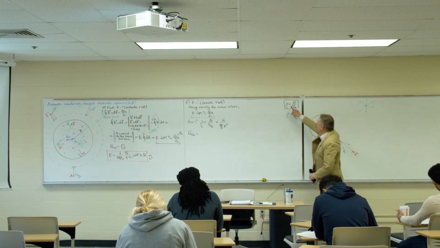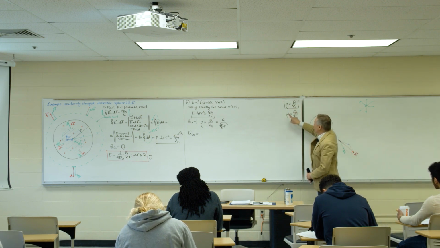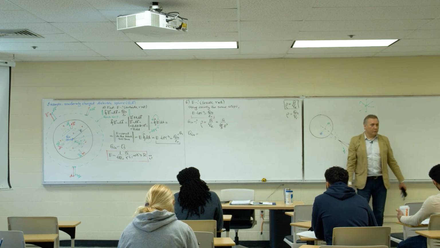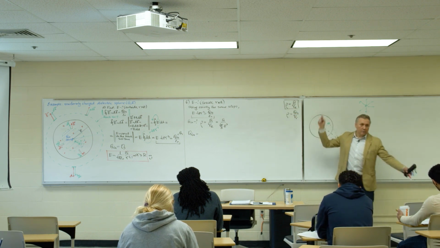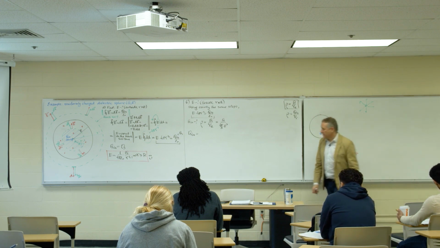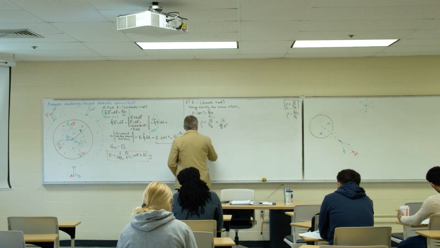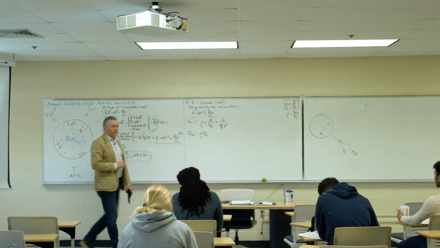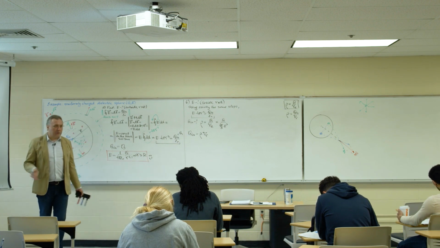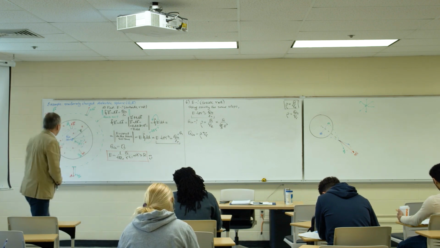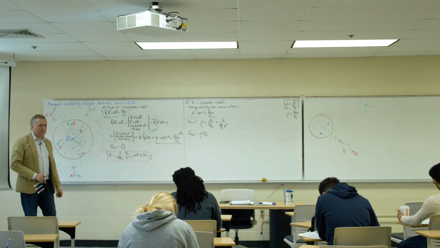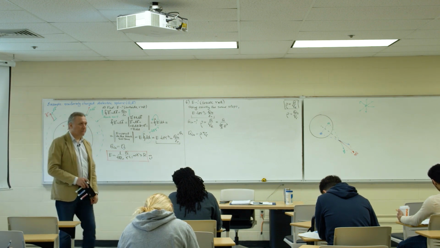First we use this formula to find rho, and now that we found rho, we can use it to find Q enclosed. Q enclosed is rho times the volume of the sphere with radius r small, which is the volume of the Gaussian sphere, right?